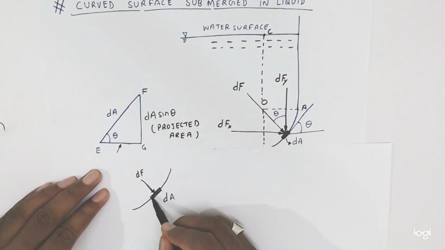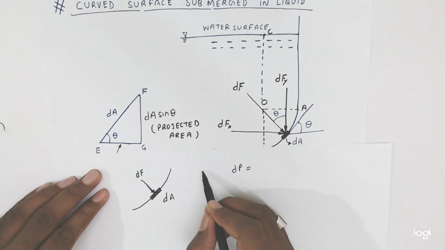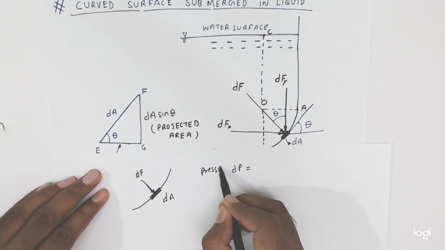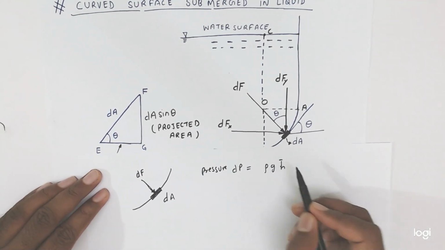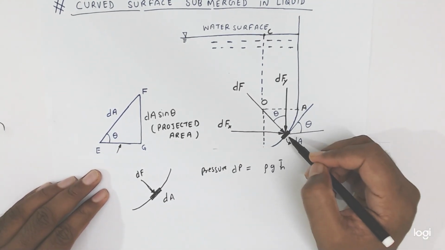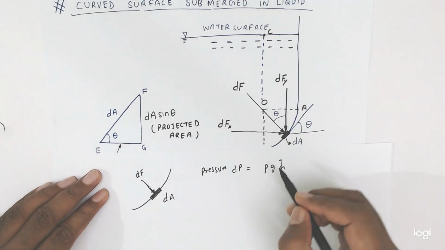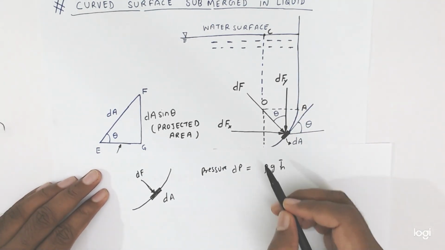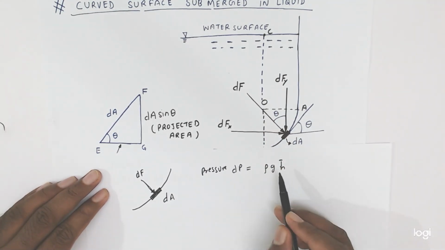Friends, what is the pressure working on this element? The pressure dP is equal to rho g h bar. H bar is the distance from the center of the element to the free surface, and rho is the density of the liquid. So this is the small pressure working on the element.